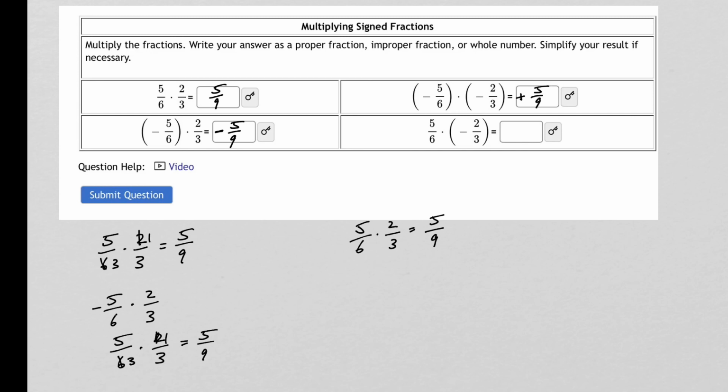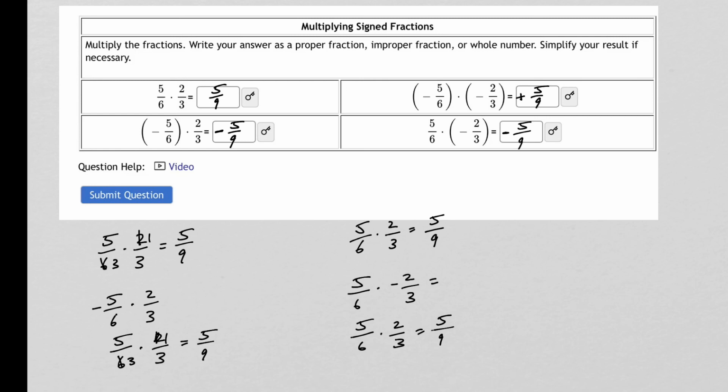And then the last one is 5/6 times negative 2/3. So again, positive times negative is going to be negative. I only need to work with the absolute values. They're giving us the same values here, right? So this is again going to be 5/9. So it's going to be negative 5/9.